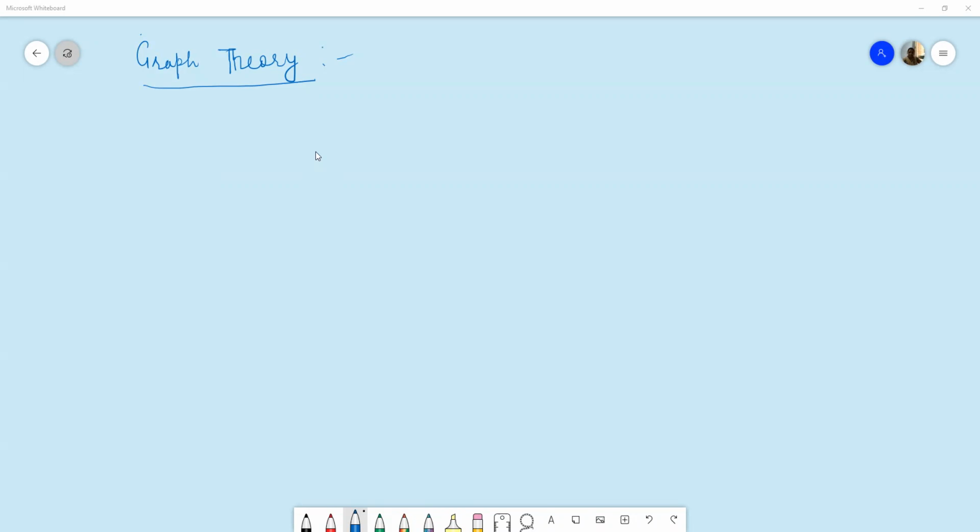So first of all, we define a graph. A graph is composed of two types of objects. We denote a graph by G, and this graph is also called a simple graph.